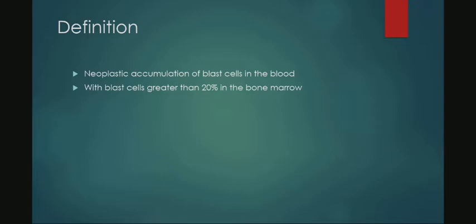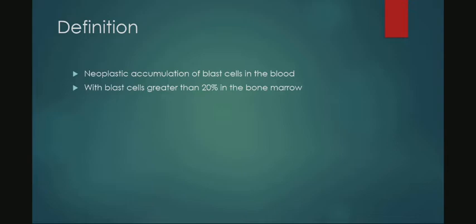From the myeloid stem cell, you get blast cells, and these include the erythroblast, the monoblast, the myeloblast, as well as the megakaryoblast.